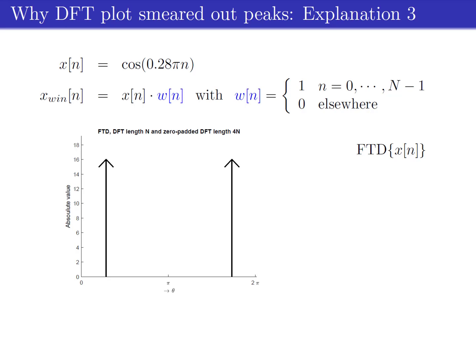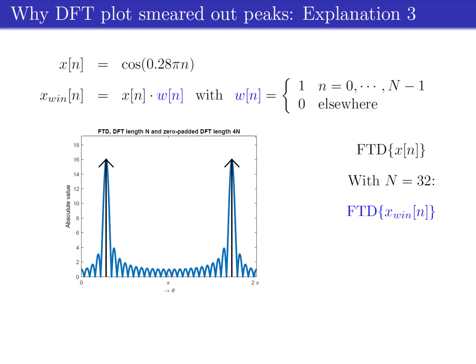Furthermore, as a general rule of thumb, we've seen in a previous video that multiplication in time domain results in convolution in frequency domain. As a result, the DTFT of the finite length windowed signal x-win with N is 32 is depicted in blue. The delta pulses are smeared out by the shape of the Dirichlet function.